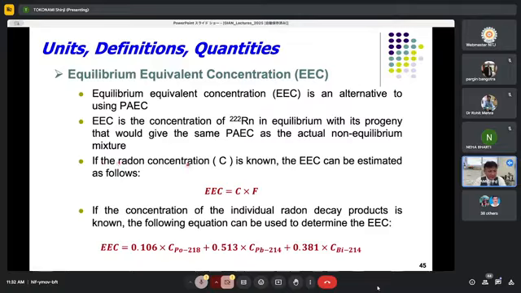If the radon concentration is known, the EEC can be estimated this way: EEC equals the concentration of radon times the equilibrium factor. If the concentration of the individual radon decay products is known, the following equation can be used to determine the EEC. Look at this.